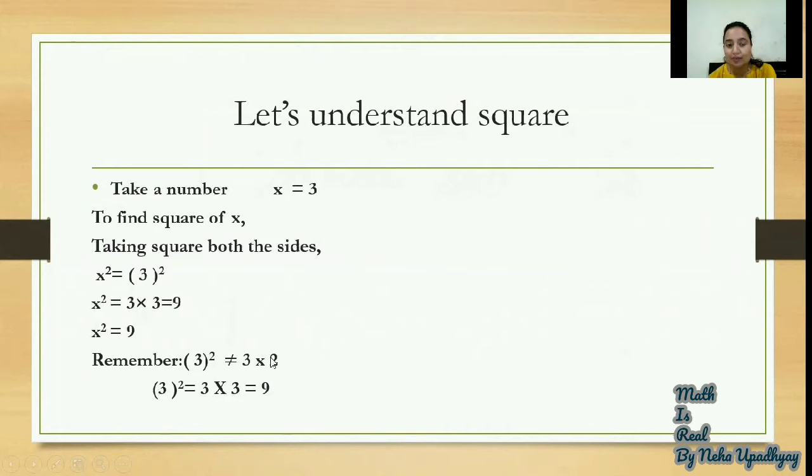It should not be done as 3 multiplied by 2. You cannot multiply base and power this way. If 2 is written, then 2 times. If it is 3, then 3 times. So 3 times 3 is 9. The square of 3 is 9. Let's move ahead.